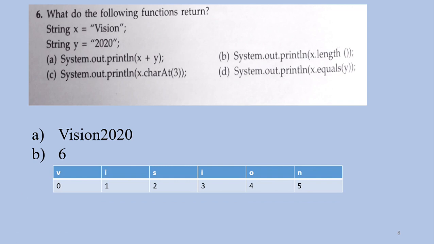So this is my x where I have written VISION and I have provided the index numbers. So will it be easy for me? Now what is your question? x.charAt(3). What is the character which is present at index position 3? When I write like this, it becomes easy for me, right? So what is present at index 3? At index 3, I have the character I. So my answer will be I.